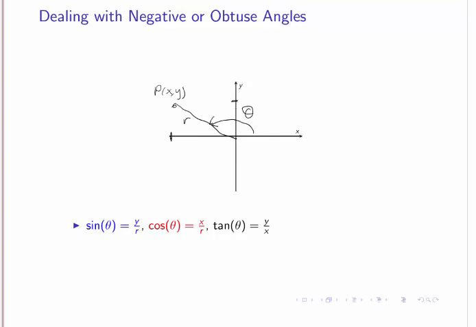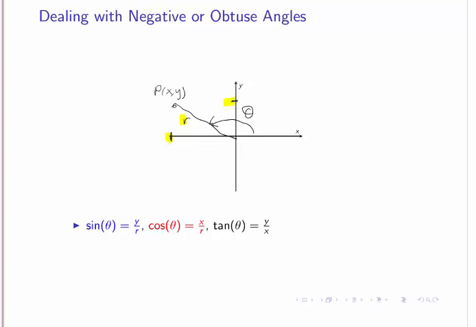Then the sine is the y-coordinate divided by the radius, and the cosine is the x-coordinate divided by the radius, and the tan is the ratio of y over x.